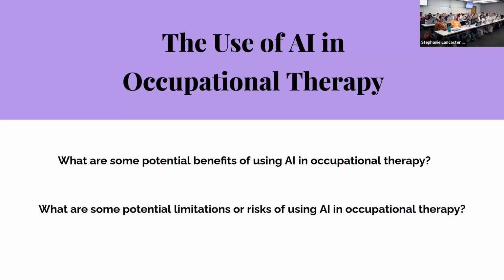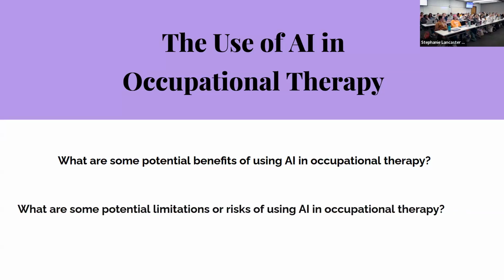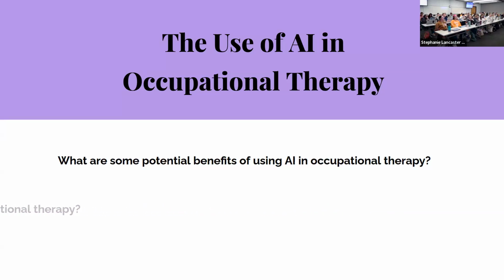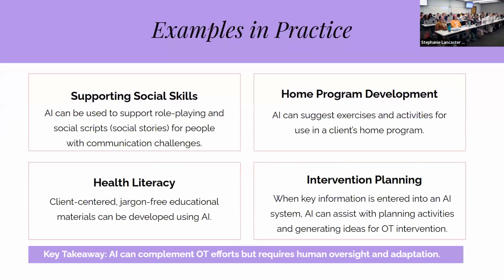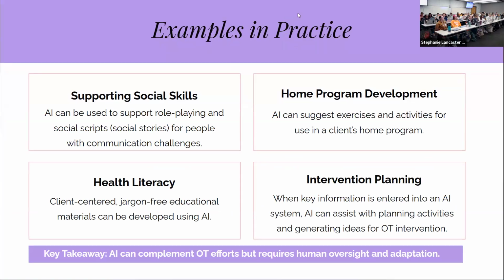So the big point here is it's out there, it's being used. There are good ways that it can help us and our clients and really society at large, but there are some risks, and it's part of our professional responsibility to know the risks and to try to avoid them or work around them so we can minimize them.